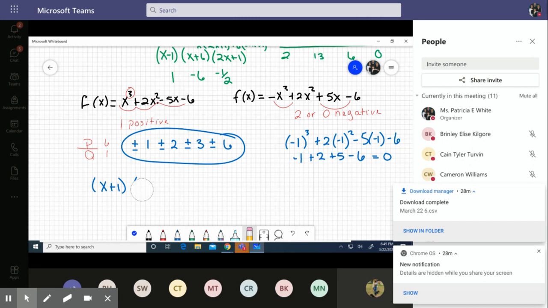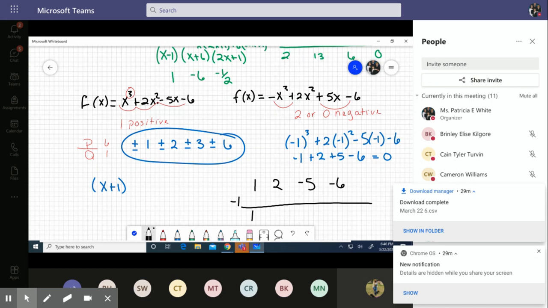I'm going to go the long way around, though, and I'm going to do my synthetic division. So my coefficients are 1, 2, negative 5, and negative 6, and I need a negative 1 out here.